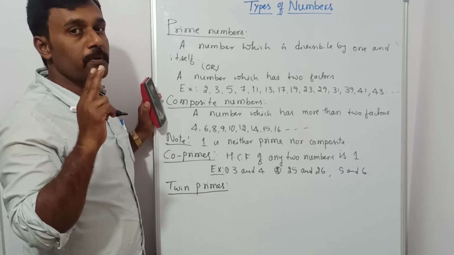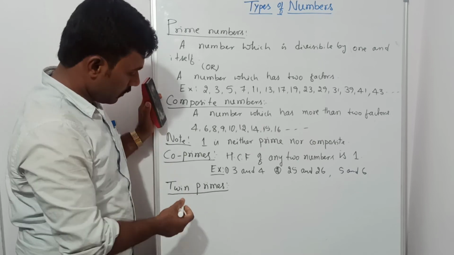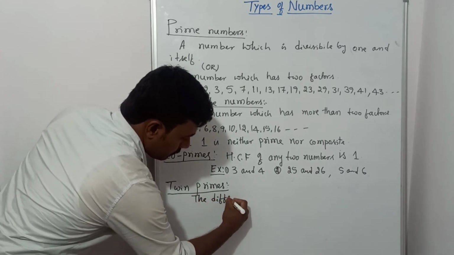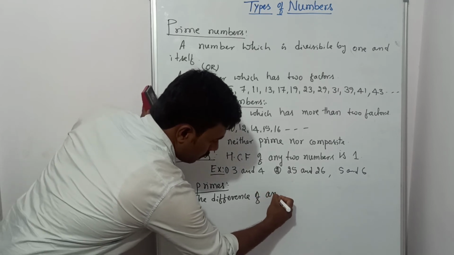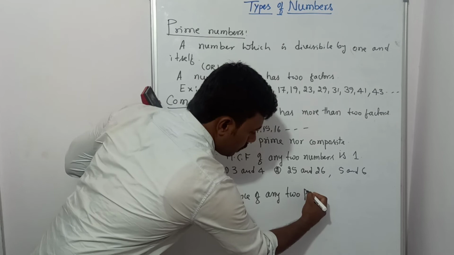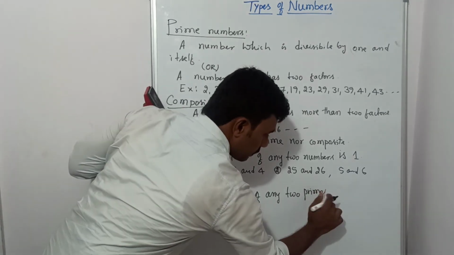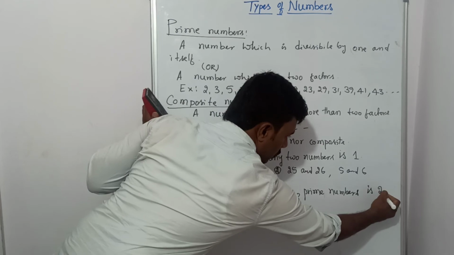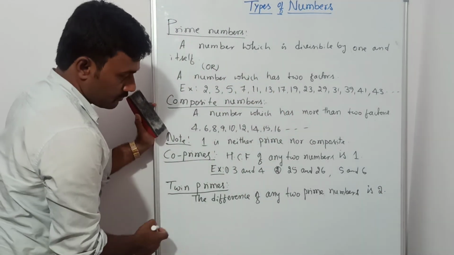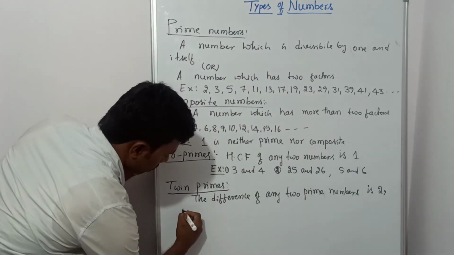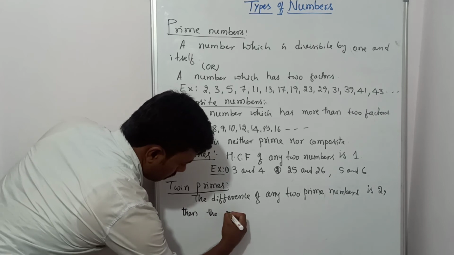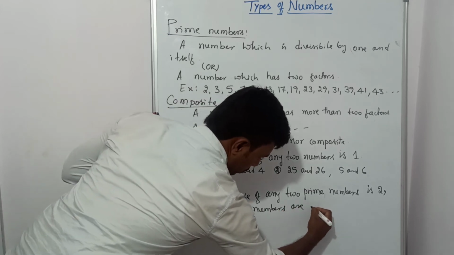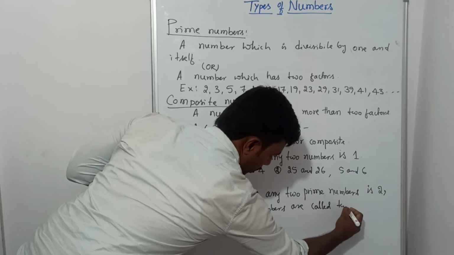If the difference of any two prime numbers is 2, then the prime numbers are called twin primes.